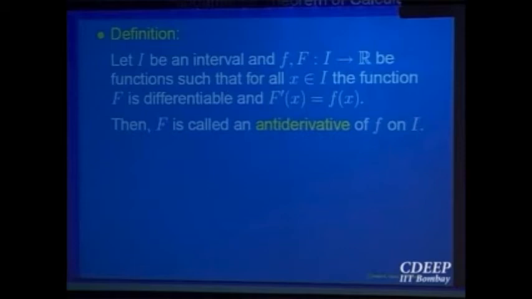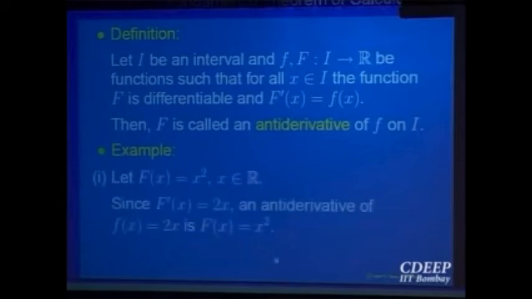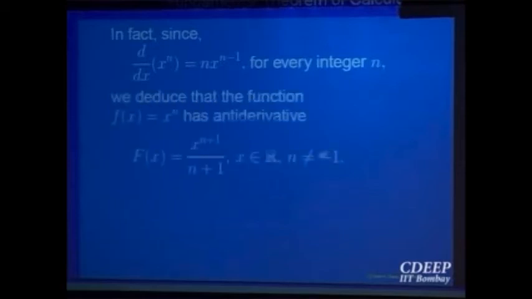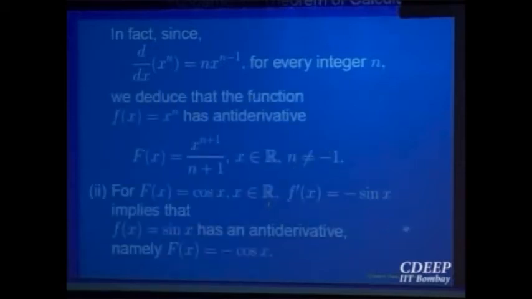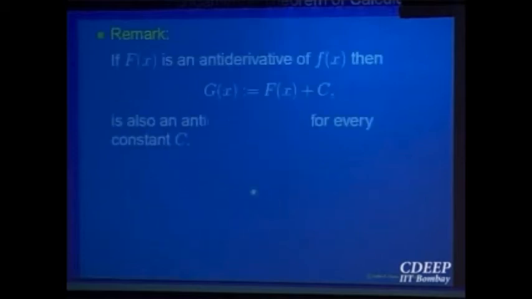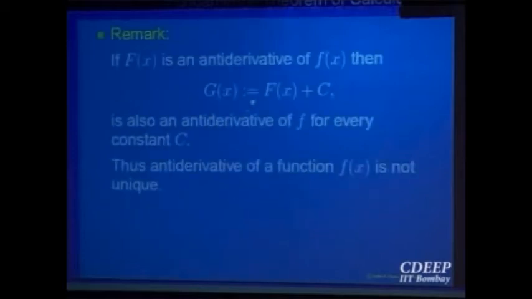Any two antiderivatives will differ by a constant, a consequence of Lagrange's mean value theorem. So for x square, this is the antiderivative and so on. I have written many examples. So let us come back: any two antiderivatives differ by a constant.